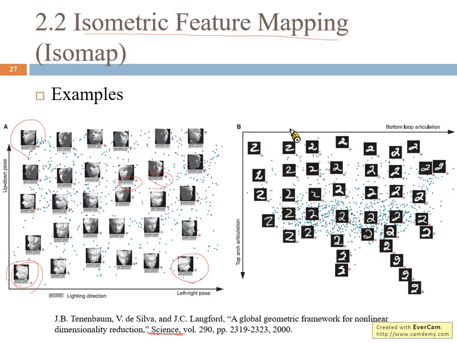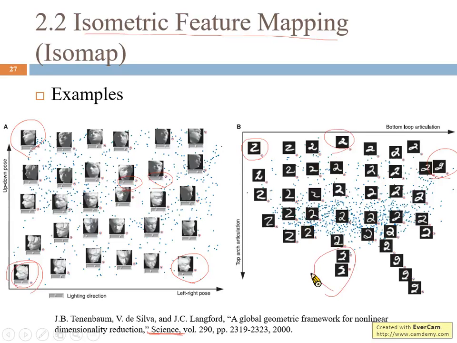From the left to the right is the bottom loop articulation. So from the left one, we don't have a bottom loop, and at the right one we have a bottom loop. And from top to down means the top arch articulation. At the top we don't have a top arch, but at the bottom we have a top arch.